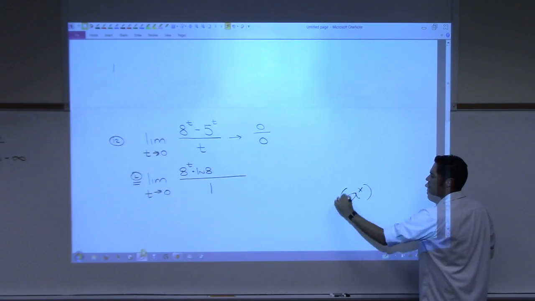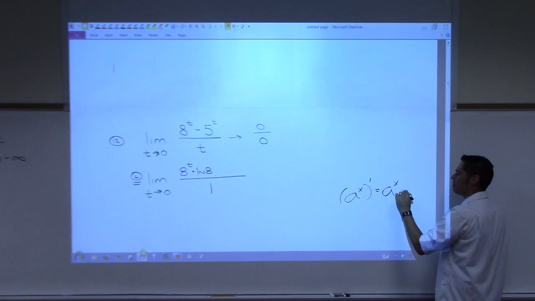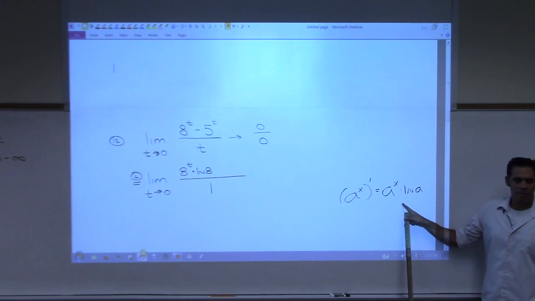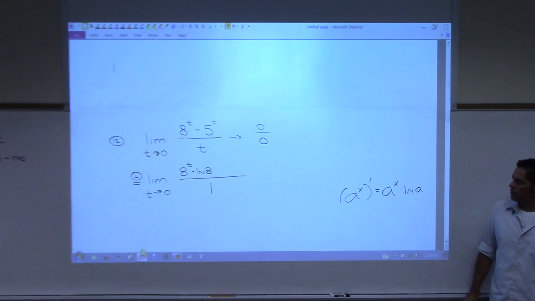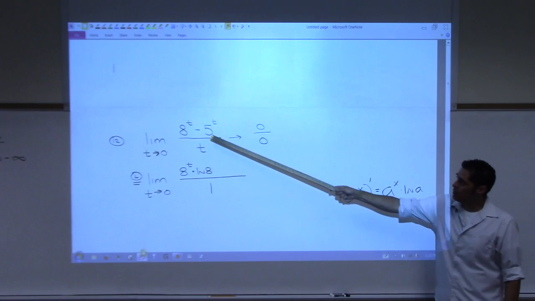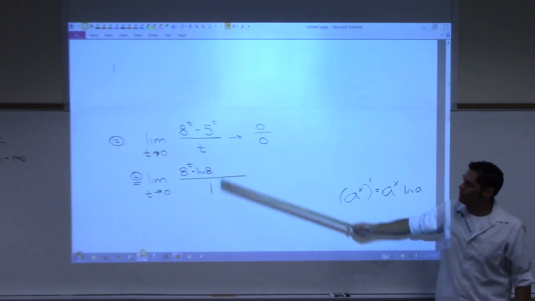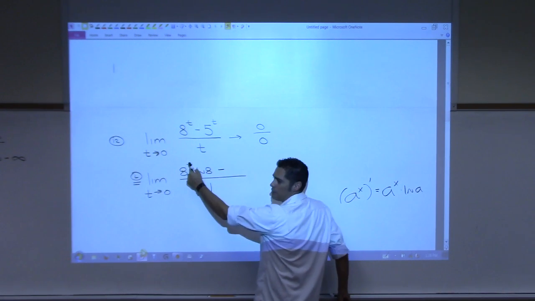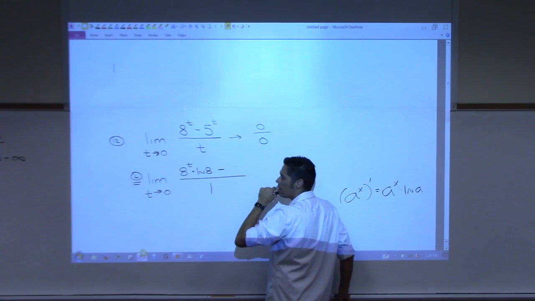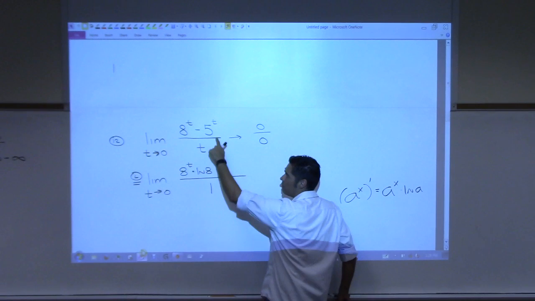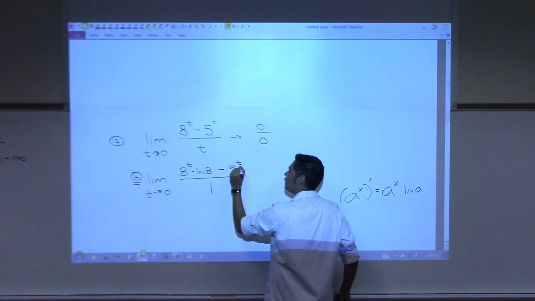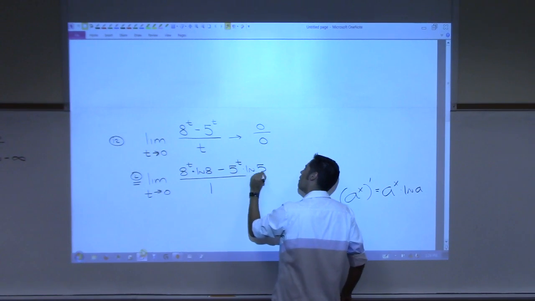Derivative of a to the x is a to the x ln a. That was the formula when we did exponential functions. All right, that's the derivative of this. Then I still have derivative of t would be 1. So I can move on to this one? Okay, so this one derivative is 5 to the t times natural log 5, right?